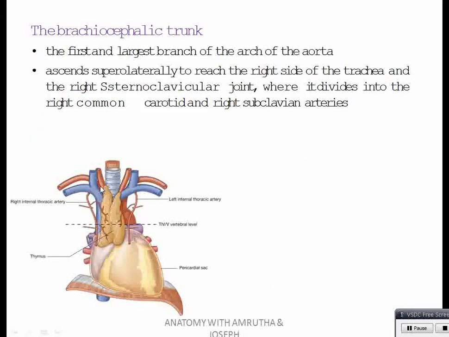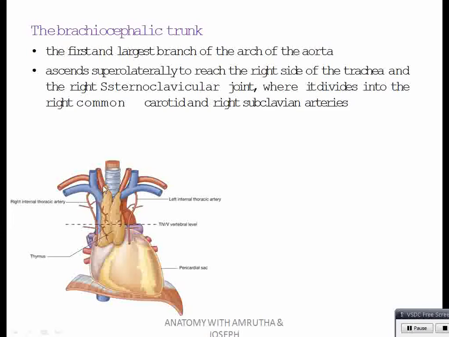Brachiocephalic trunk is the first and largest branch of the arch of aorta, ascends superolaterally to reach right side of the trachea. So it is moving upwards superiorly and lying on the right side of the trachea and the right sternoclavicular joint.